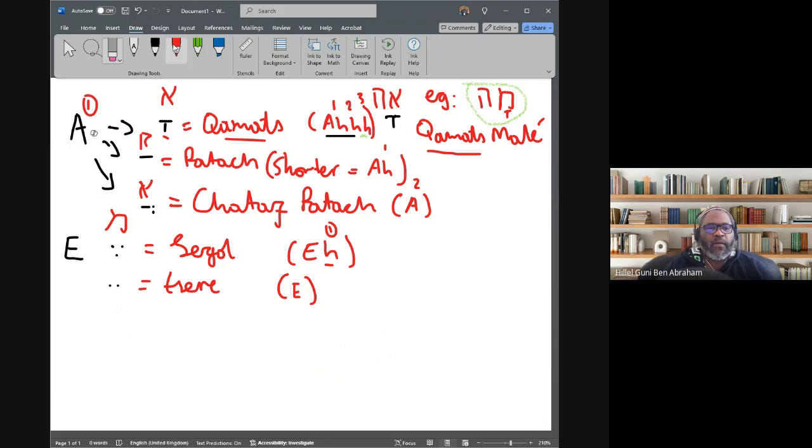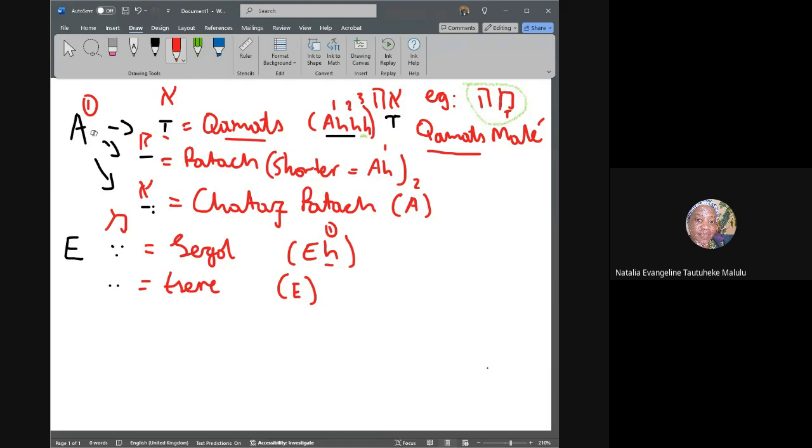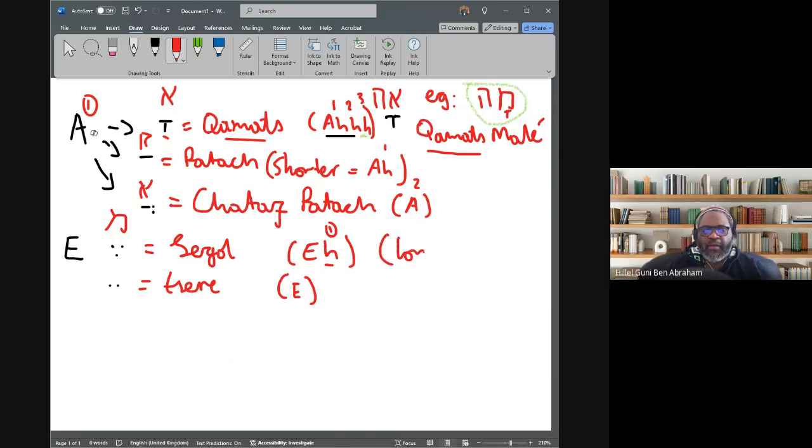Meaning the segol is a long E, whereas tsere is a short E. Exactly. So segol is long and full. You can also use the word full. And this one is short and sharp. You can call it short, you can call it sharp. Segol, tsere. Can you hear it in my tone?